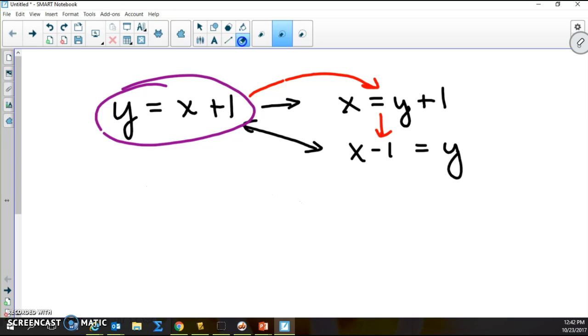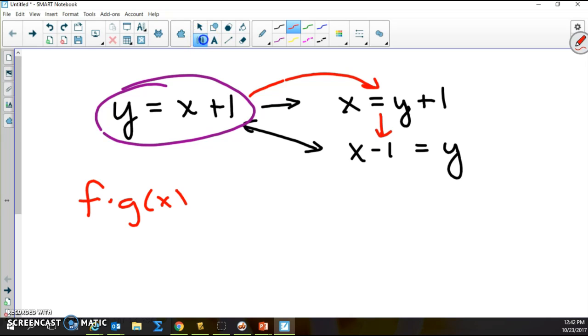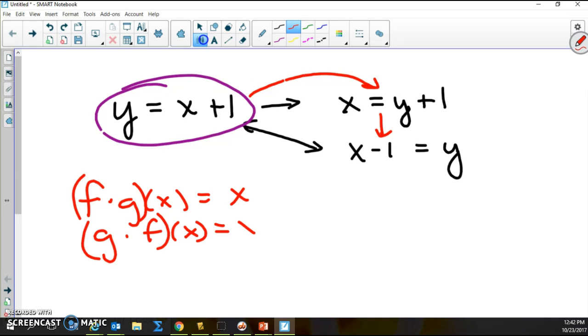The way that we know we have inverse functions is by assessing f of g of x and g of f of x. And what we should get in each of those situations, the composition of those functions, is the value x.